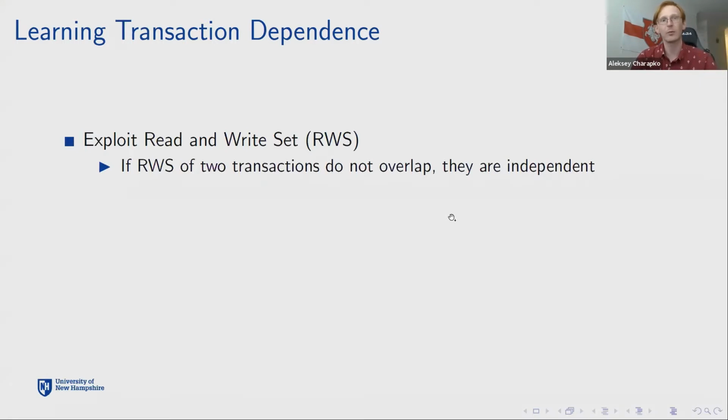In my example, I had a transaction reading some variables and writing some variables. That gives you the read set and the write set of a transaction. And obviously, if the read-write sets do not overlap between two transactions, they're independent, so their relative order doesn't really matter.